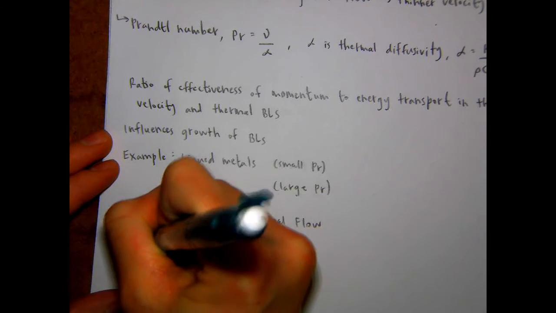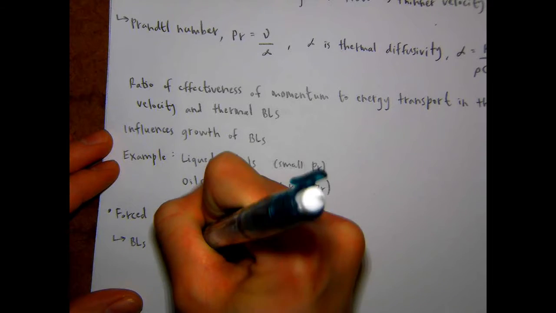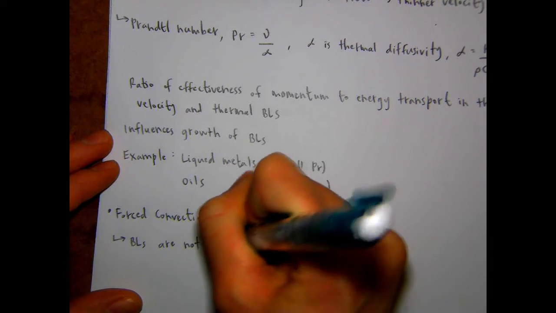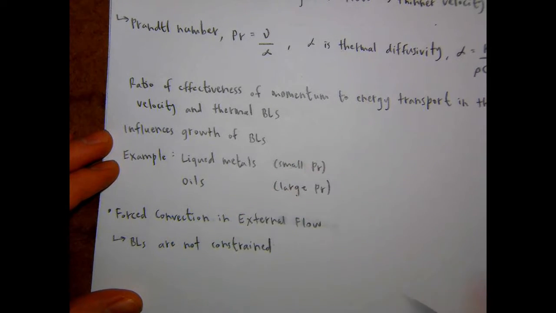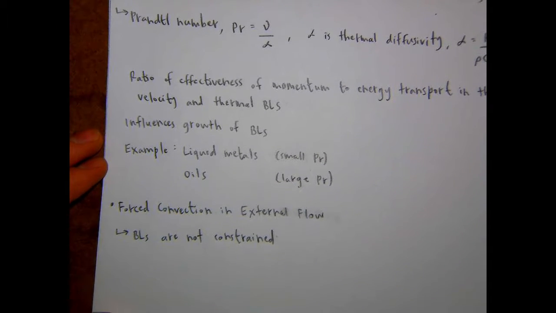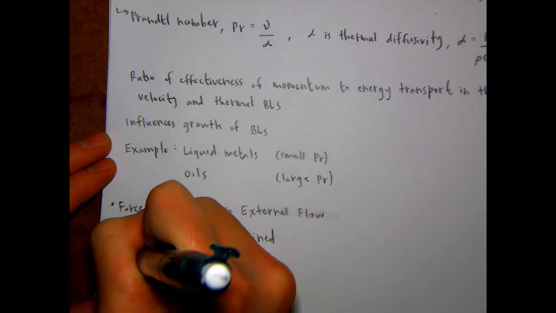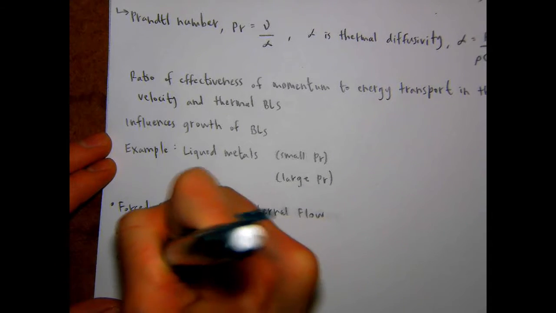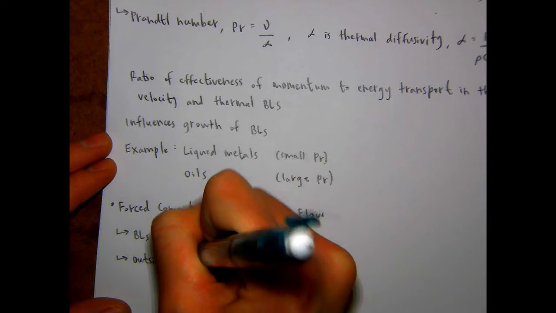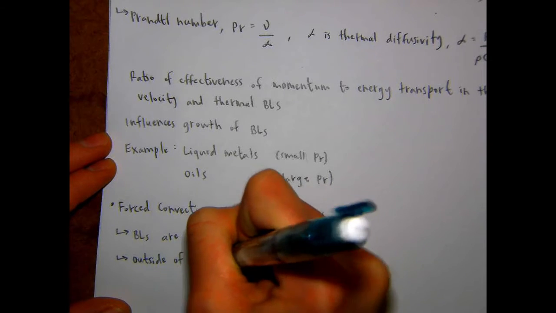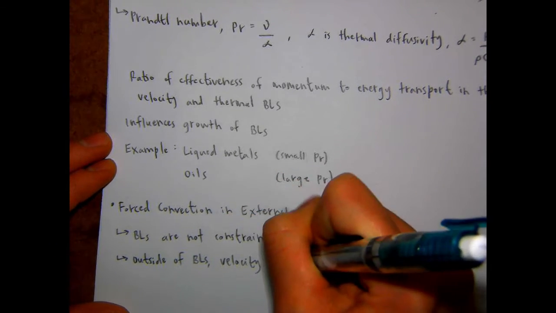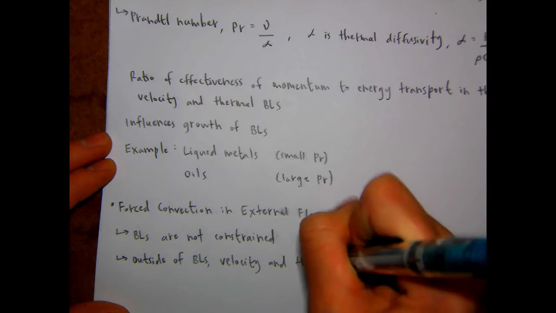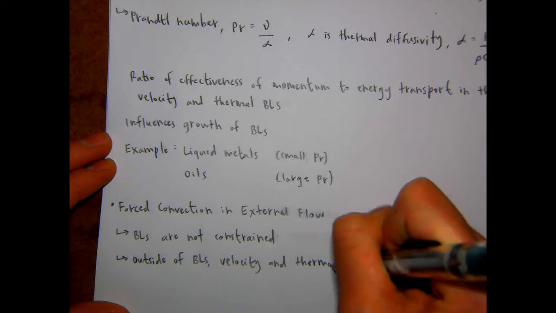So we'll say the boundary layers are not constrained. And then outside of the boundary layers, velocity and thermal gradients are negligible. You just have free stream conditions.